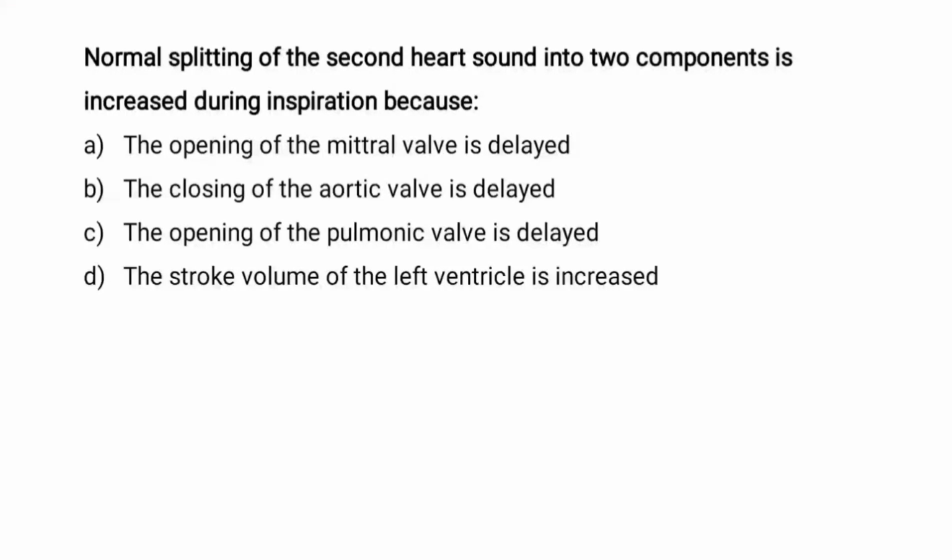Consequently, the pulmonic valve closure is delayed compared to the aortic valve closure, and this delay is observed as S2 splitting. Prolonged or fixed S2 splitting can be a sign of heart disease such as atrial septal defect or right bundle branch block. So the correct option will be option C.